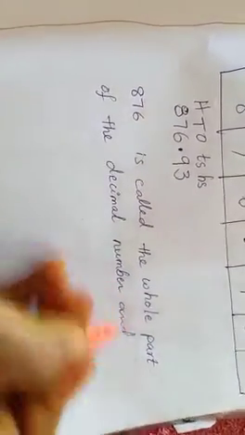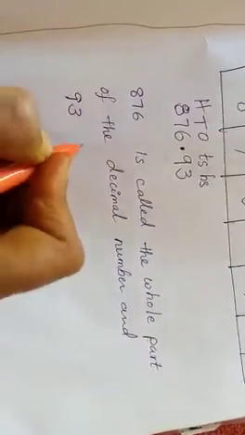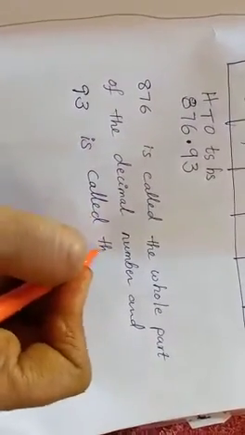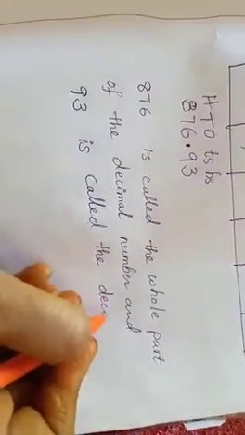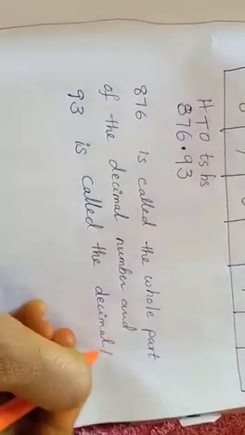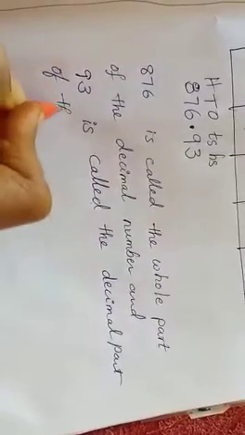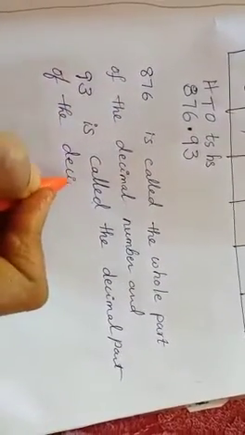And 93 is called the decimal part of the decimal number.